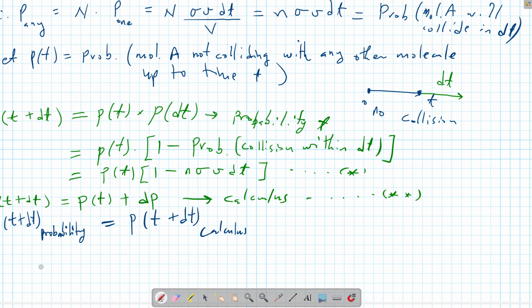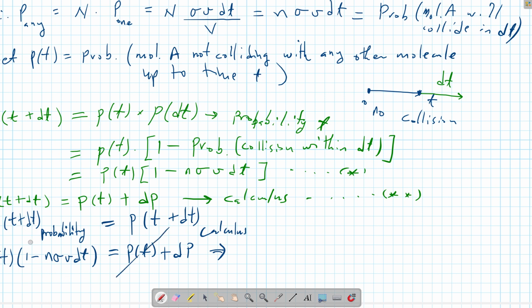So this way we're going to have, let's say, pt into 1 minus n sigma v dt is going to be equal to pt plus dp. And from there you can see that some cancellations are going to happen.